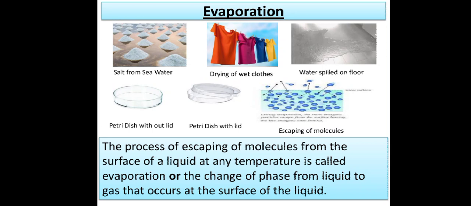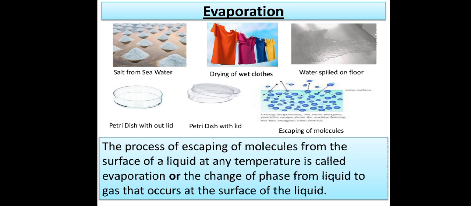That's the reason the lower part of the container becomes cool. Evaporation is the process of escaping of molecules from the surface of a liquid at any temperature below its boiling point, a phase change from liquid to gas that occurs at the surface of the liquid.